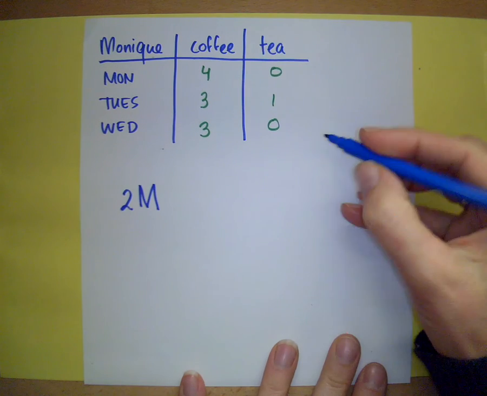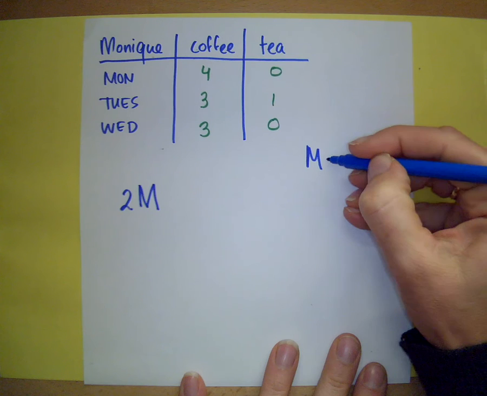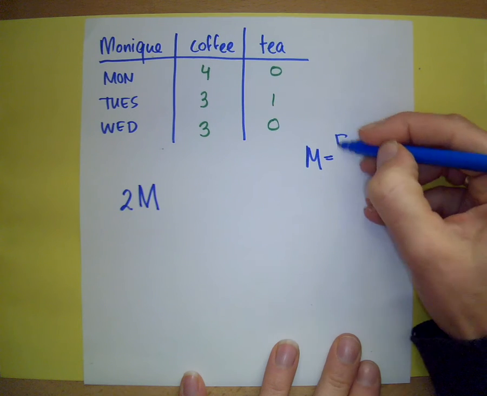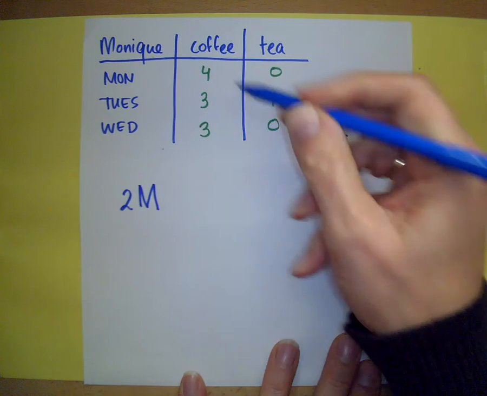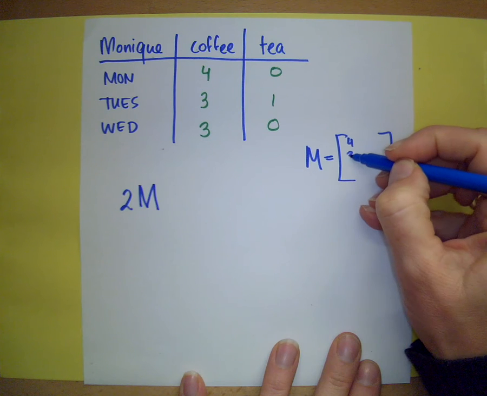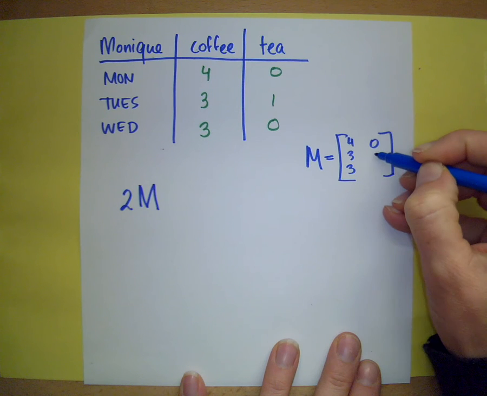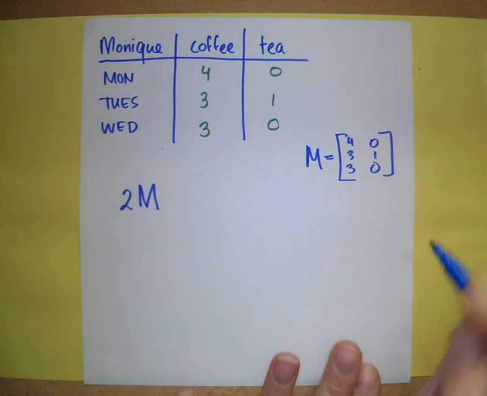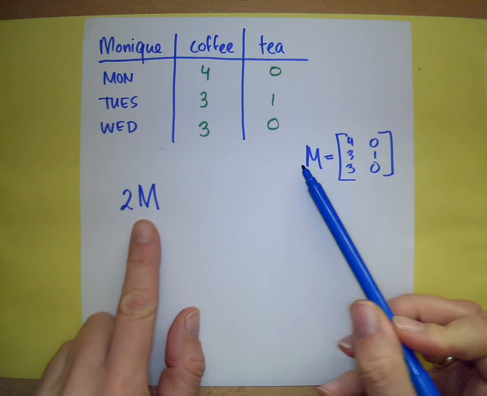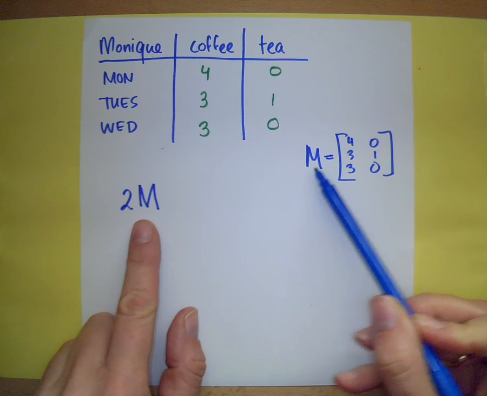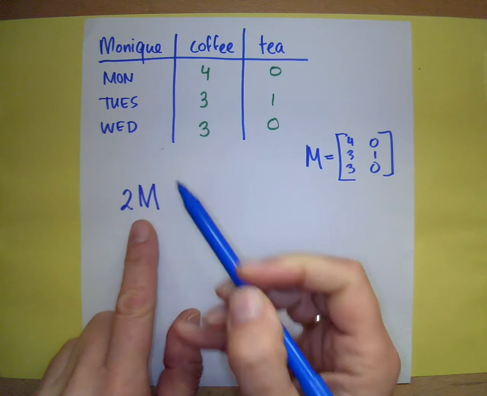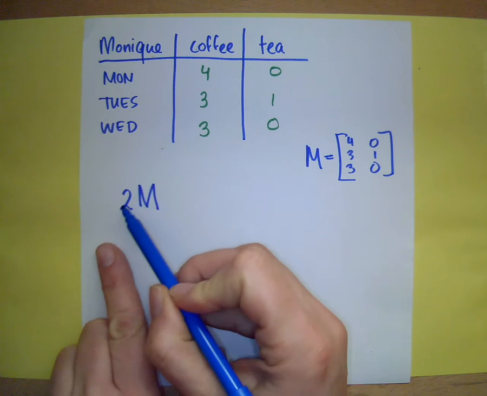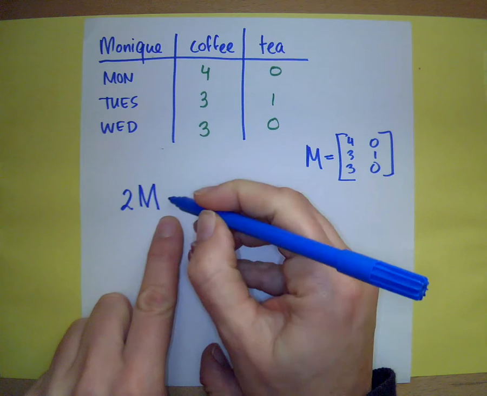Let me just quickly write the M matrix here again. Taking the numbers from here, it's 4, 3, 3, 0, 1, 0, right? If 2 people drink what Monique drinks, that would be 2 times Monique's matrix.